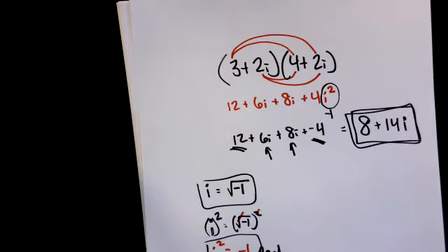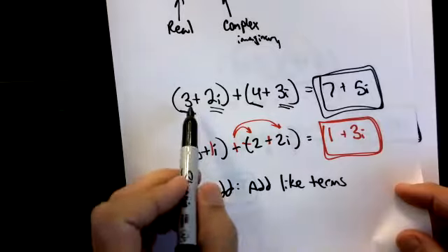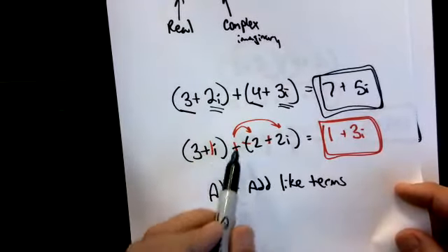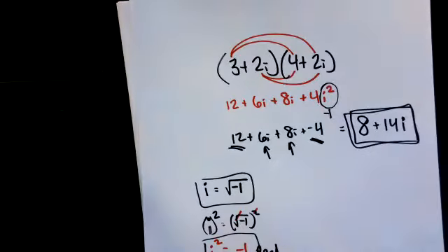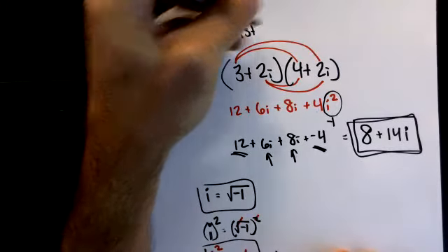So multiplying, very different from addition. So again, to go back a step, addition, simply combine like terms. Add your real parts, add your imaginary parts. Or add the opposite. Subtraction means to add the opposite, same. Multiplication means distribution.